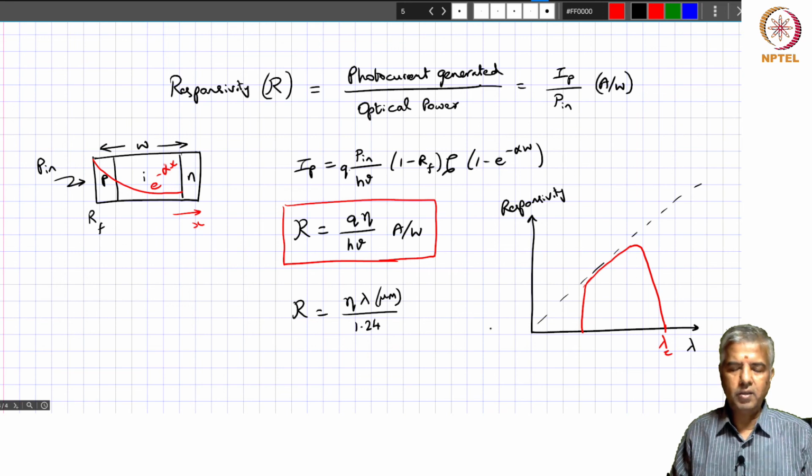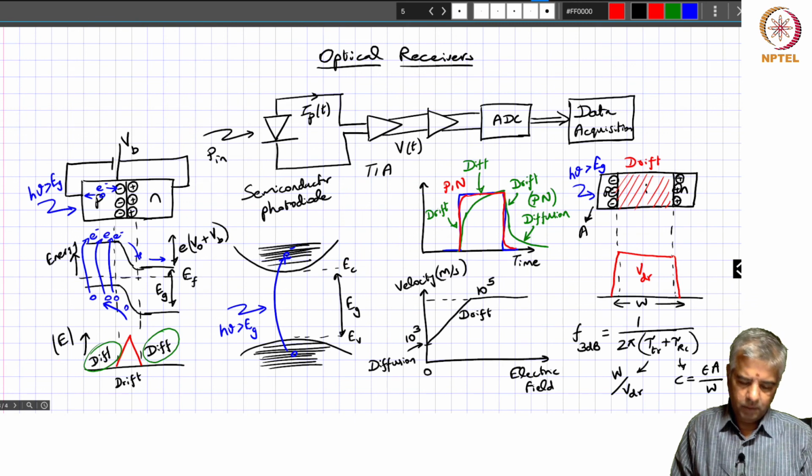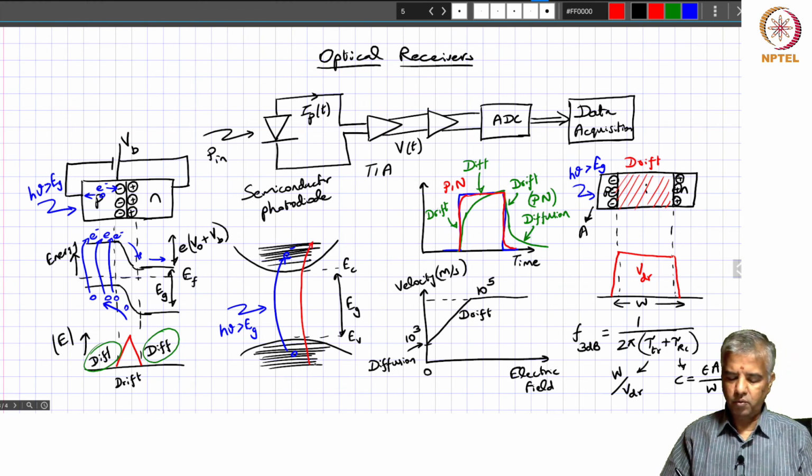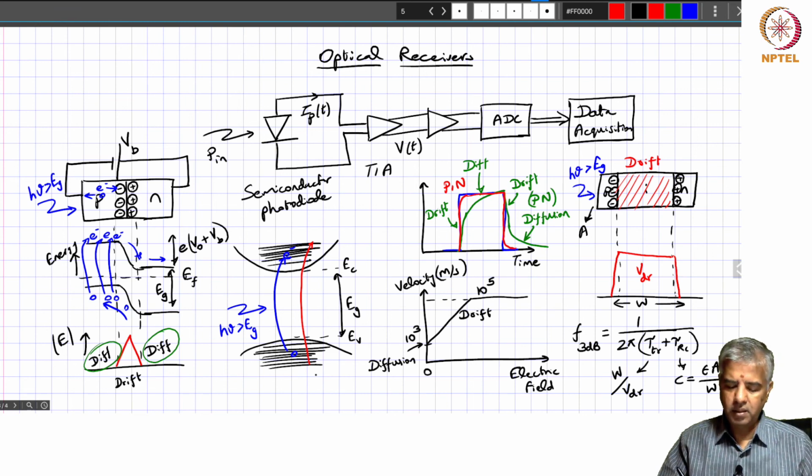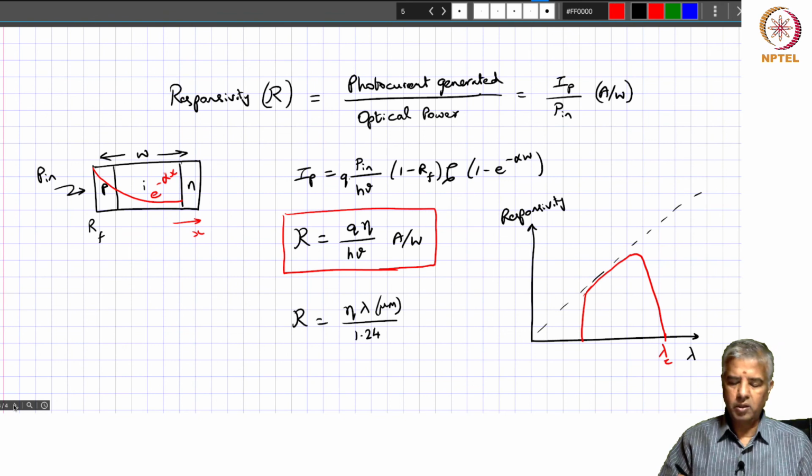As you go shorter and shorter in wavelength, you are going through a transition from one of the deep energy levels in the valence band to one of the deep energy levels in the conduction band, and that means the probability of absorption is much higher, which means your alpha value is higher. Alpha is actually a function of lambda.